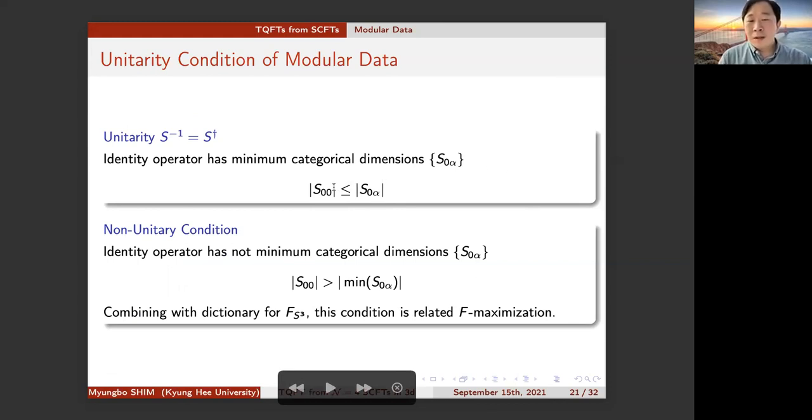This reads that the S00 component has the minimum value in the first row or column of the S-matrix. And the non-unitary condition simply means the S00 component is not the minimum value. Combining with the dictionary for the three-sphere free energy, this might be related to the F-maximization principle.